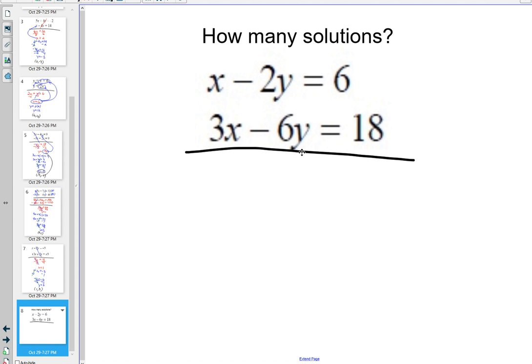The way that this question was intended was to be done the way we first introduced systems, when we did graphing. How did we learn to determine how many solutions when we did graphing? What would we look at on the equations to determine how many solutions they were going to have?